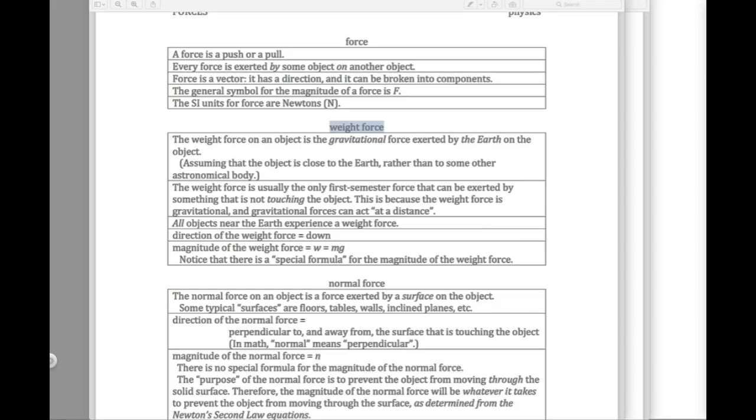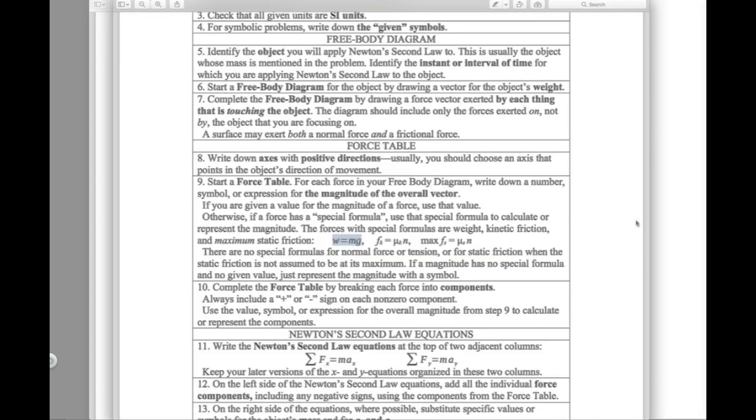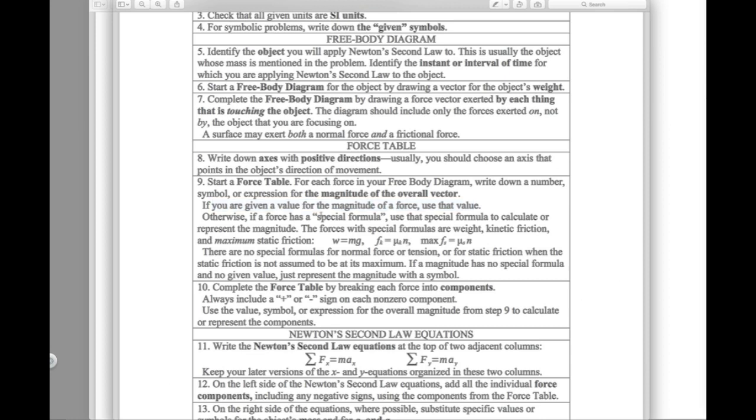First, we have to make an entry to represent the magnitude of the normal force. How do we do that? Well, were we given a value for the magnitude of the normal force? No, we were not given a value for the magnitude of the normal force. Is there a special formula that represents the magnitude of the normal force? No, there's no special formula for magnitudes of normal force.